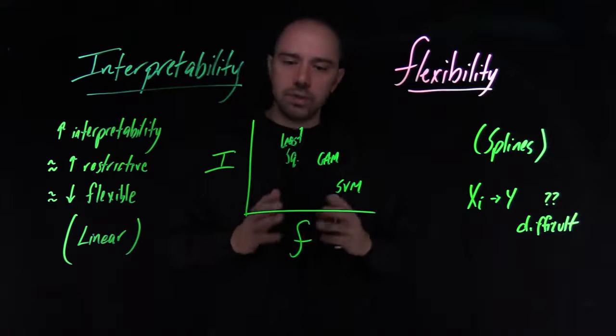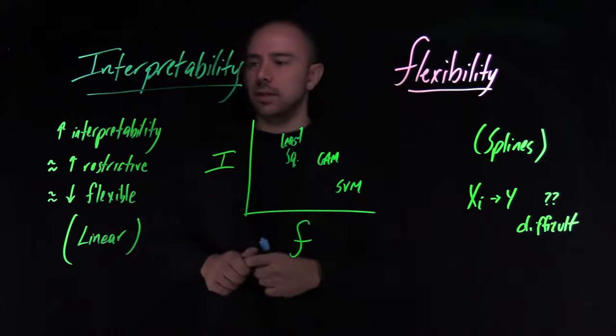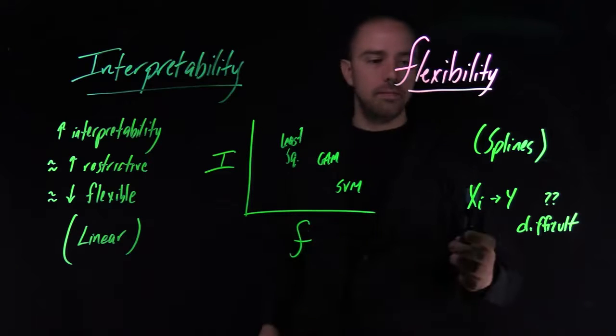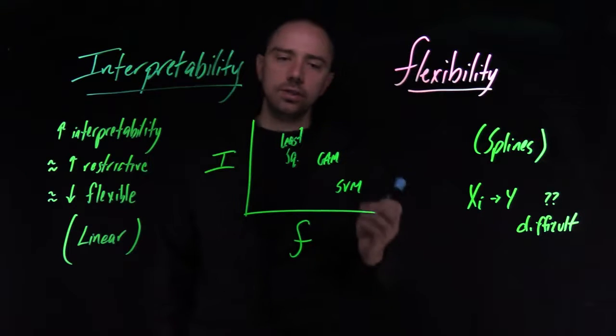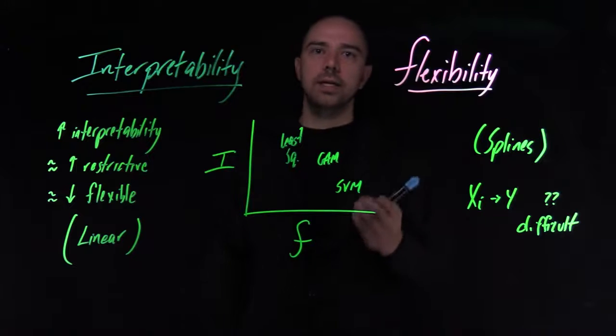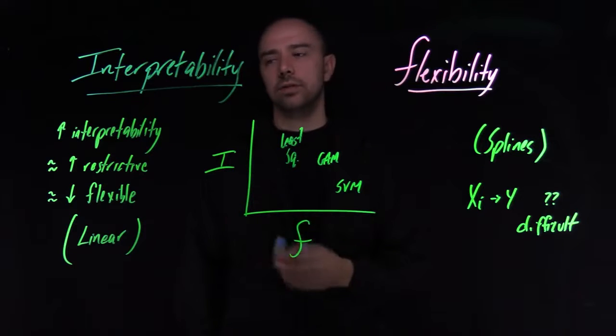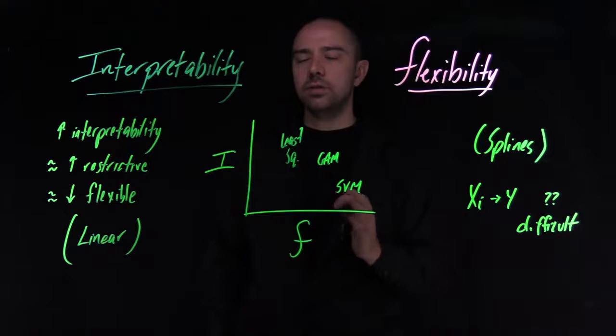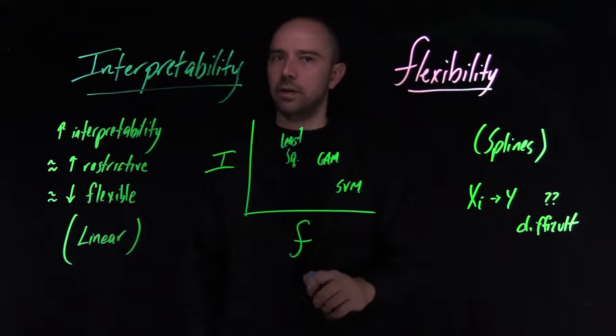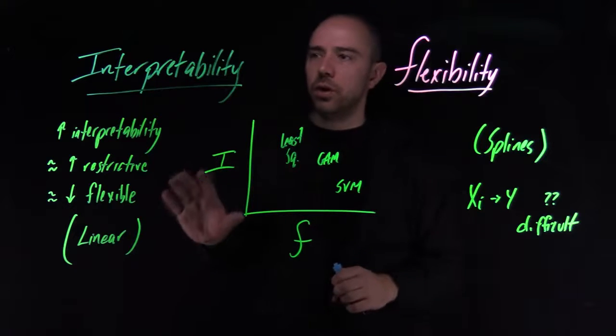And so this predictor has a really big impact on your response variable. So the connection between each of your predictor variables and your variable of interest, your dependent variable, that's super important. Interpretability is very important. And so you don't always get that.